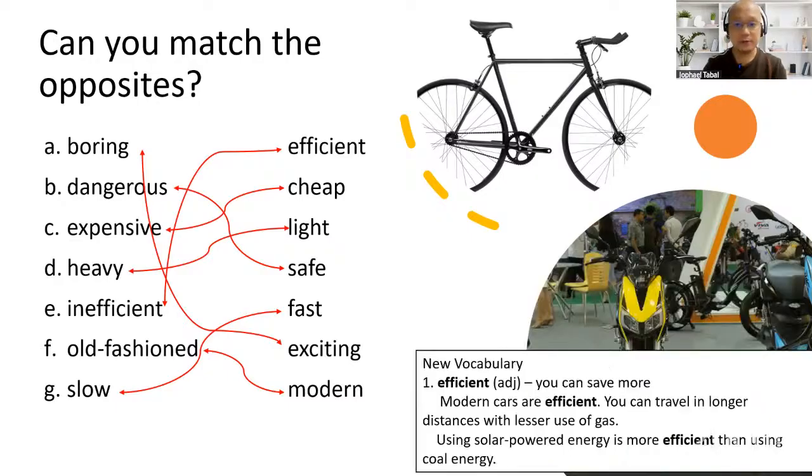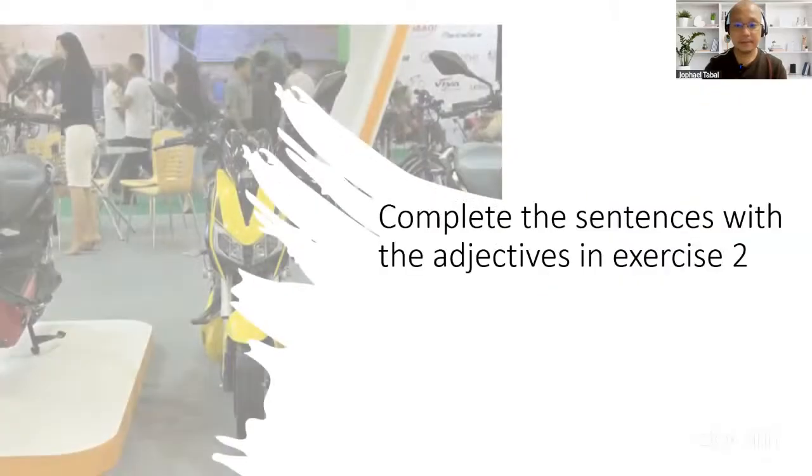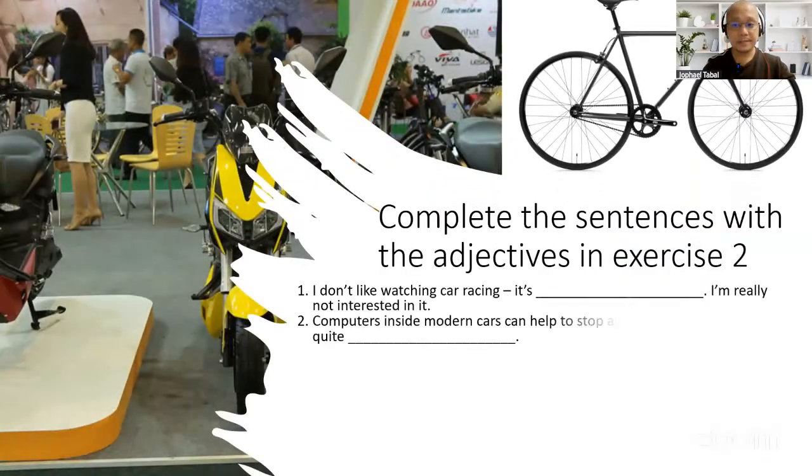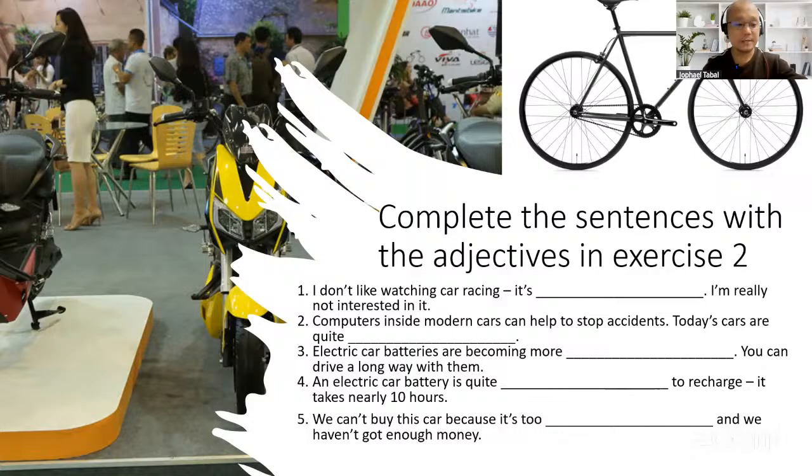So let us check the new exercise here. I want you to complete the sentences with the adjectives in the previous exercise. For example, I don't like watching car racing. It's boring. I'm really not interested in it. Okay. So let's do this in another 1 minute.